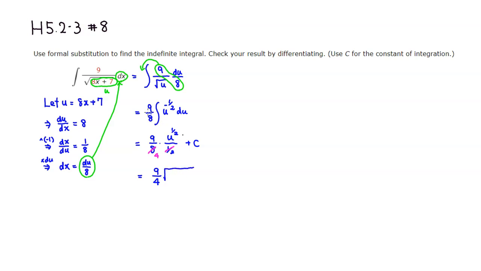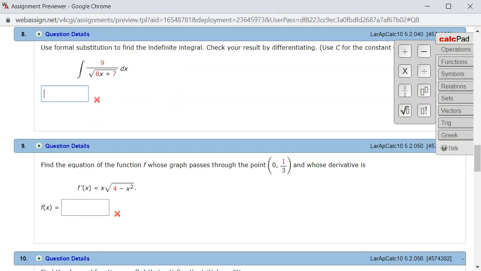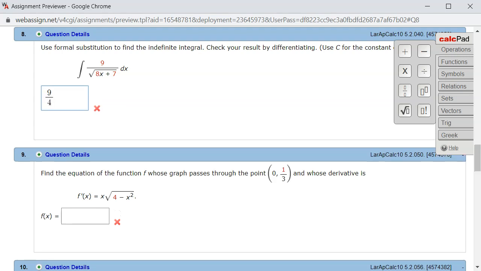And remember that u is originally 8x plus 7, plus some constant c. So let's type it in: 9 over 4 times the square root of 8x plus 7, plus some constant c.